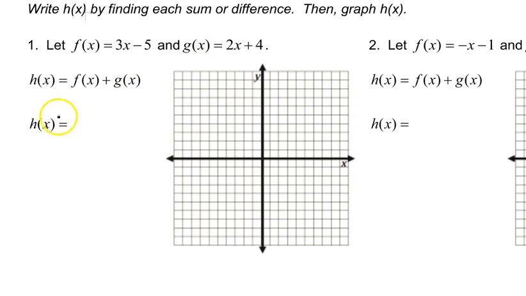So when they're small and basic like this, a lot of people like the old-fashioned way. Well, f of x is 3x minus 5, and we're going to add g of x, which is 2x plus 4. It's like an old-fashioned addition problem where you just line them up vertically and you add in the columns.